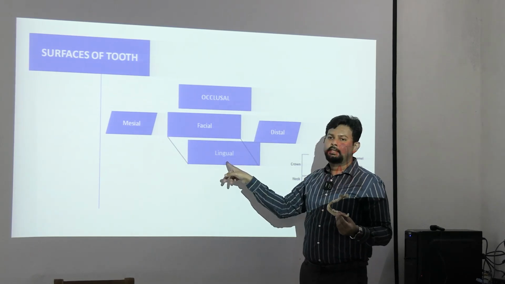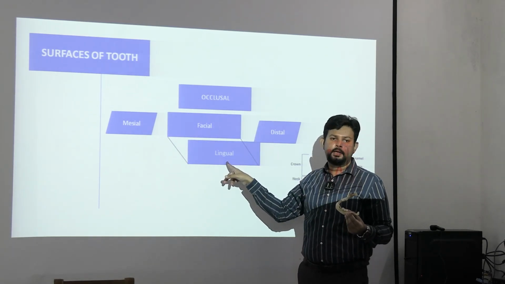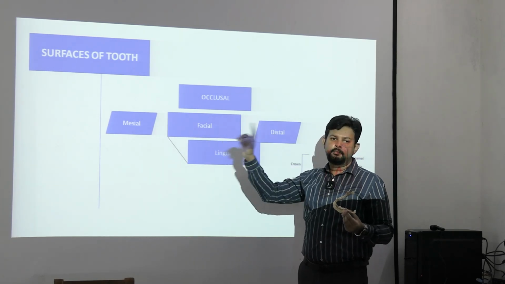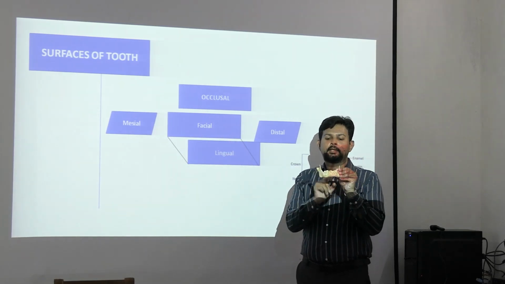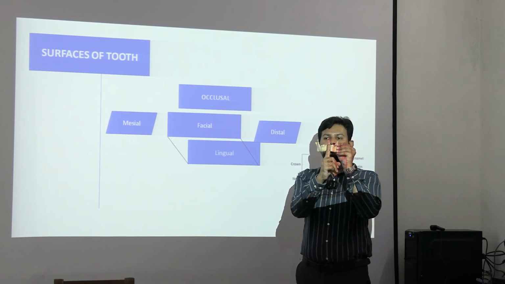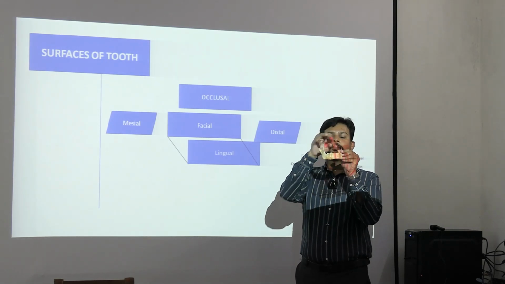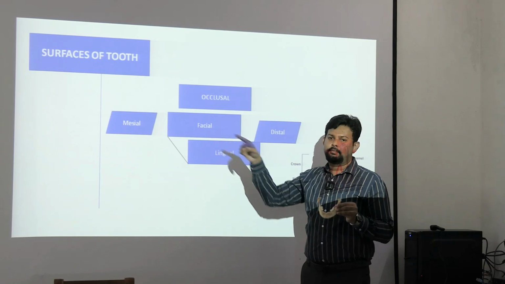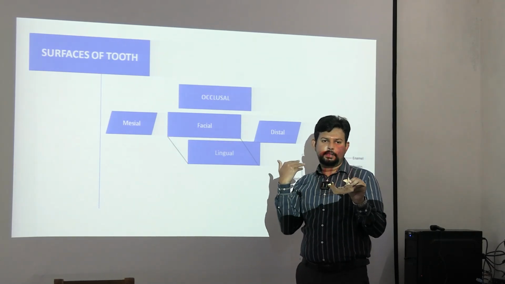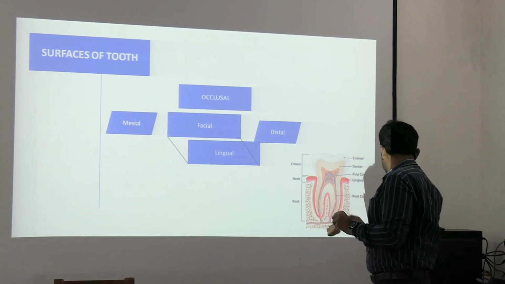Lingual is that which is in contact with the tongue. Mesial is that which is facing the midline. If this is midline, these surfaces will be mesial, and the other one is distal, facing the distal side. Okay.